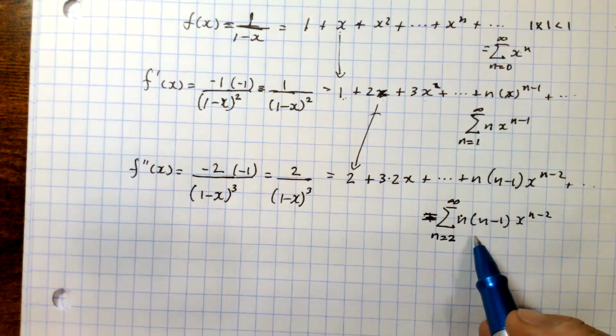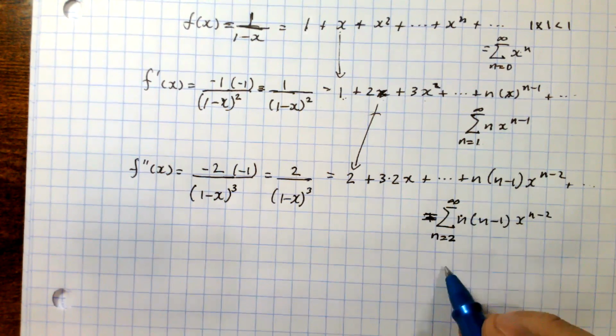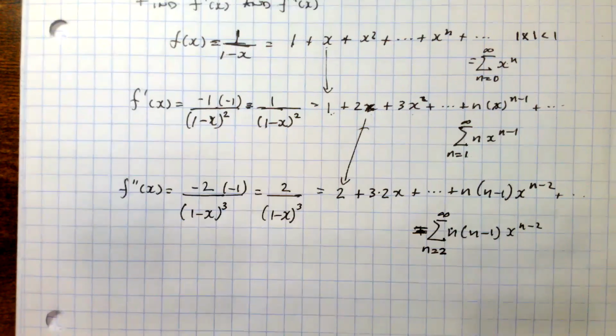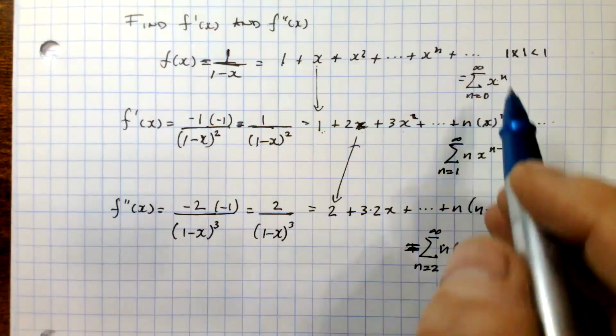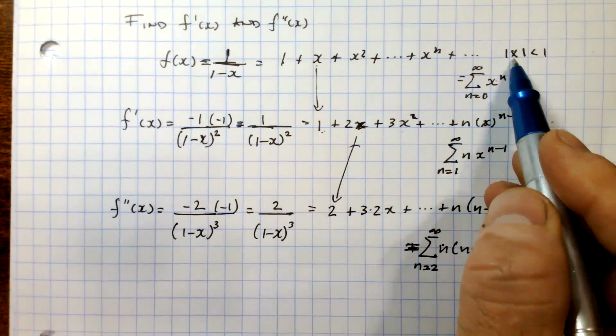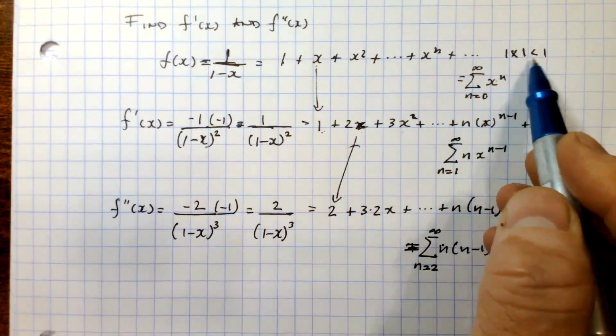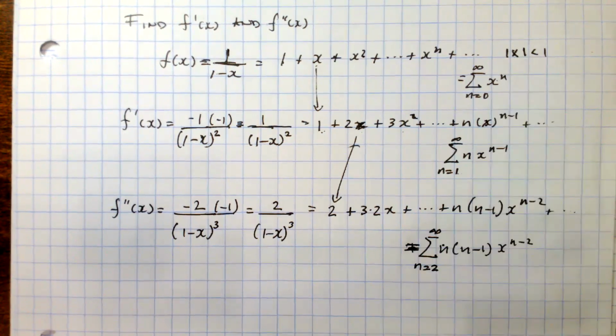Which is true for whenever x is strictly between negative 1 and 1. So whenever x is in that interval, these series are valid. Okay, all right, I hope that was helpful. I'll see you in the next video.